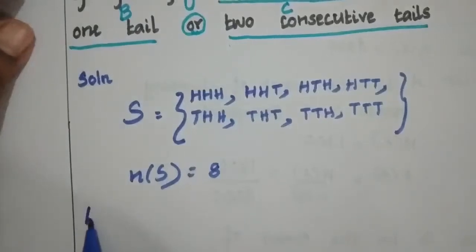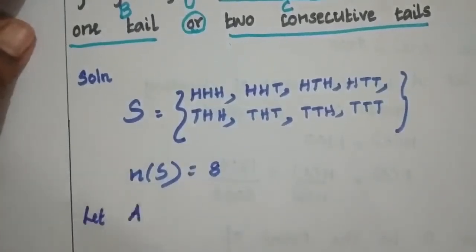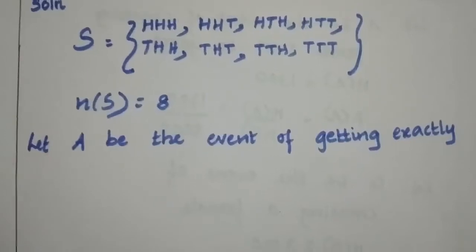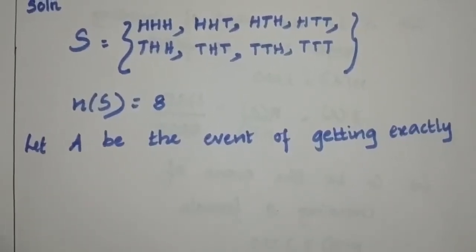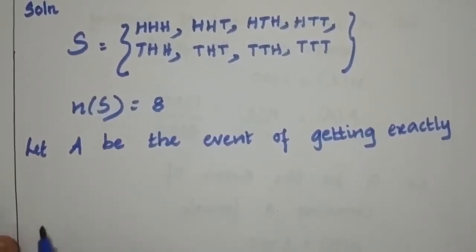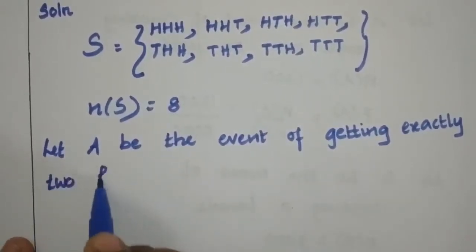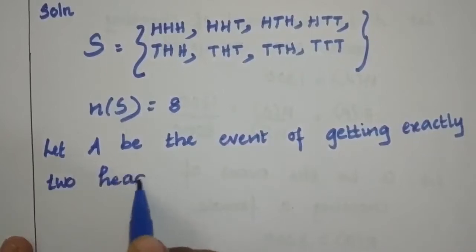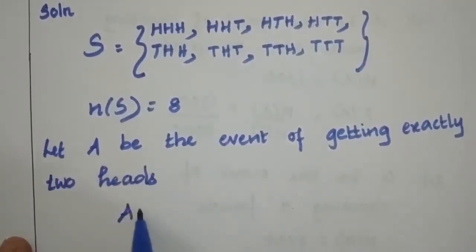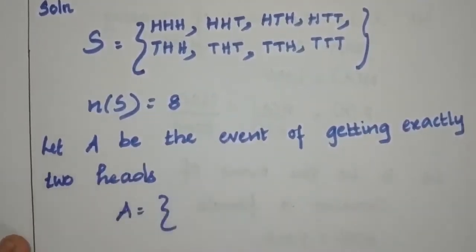Let A be the event of getting exactly 2 heads. A is from the sample space.